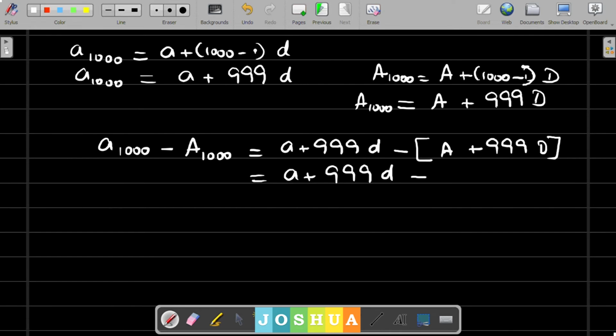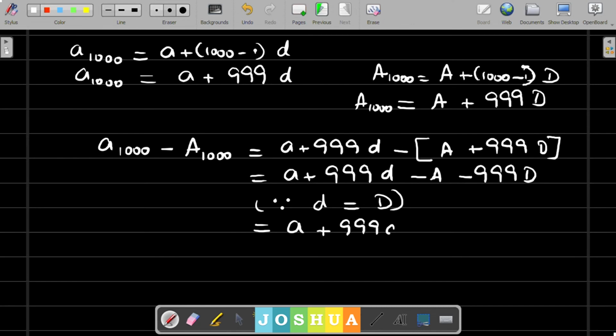When you expand this one, what happened? a plus 999d minus A minus 999 capital D. Since as per the question both APs have the same common difference, small d equals capital D. Therefore, this equation is written as a plus 999d minus A minus 999d. Instead of capital D, I am writing small d here.